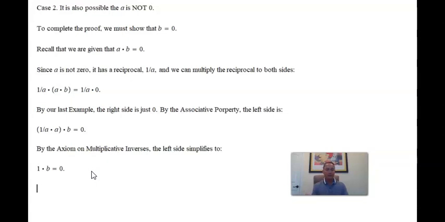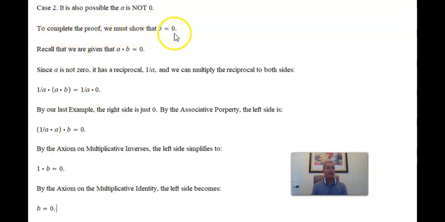Which one was that? That's the axiom on the multiplicative identity. And by the axiom on the multiplicative identity, the left side becomes just b equals 0. And there it is. To complete the proof, we said we had to show that b has to be 0. There it is. B must be 0.